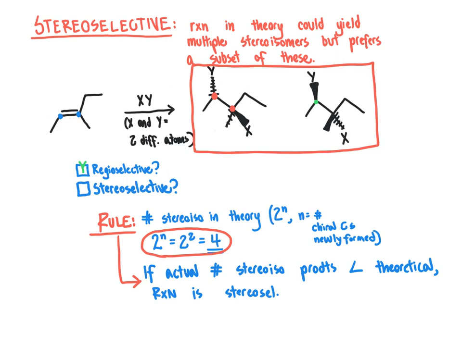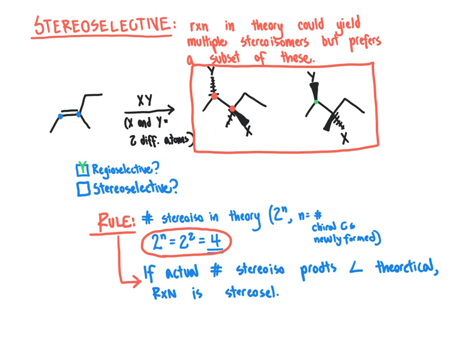Therefore, the reaction is described as being stereoselective because we're not making all 4 products. Instead, we're making just 2 here. And these 2 that we're making happen to be enantiomers of one another, and that is a very common thing that we will see for stereoselective reactions, is that we'll end up with 4 different stereoisomer products possible out of the reaction, but in actuality only 2 that are related to one another as enantiomers are formed out of the reaction.